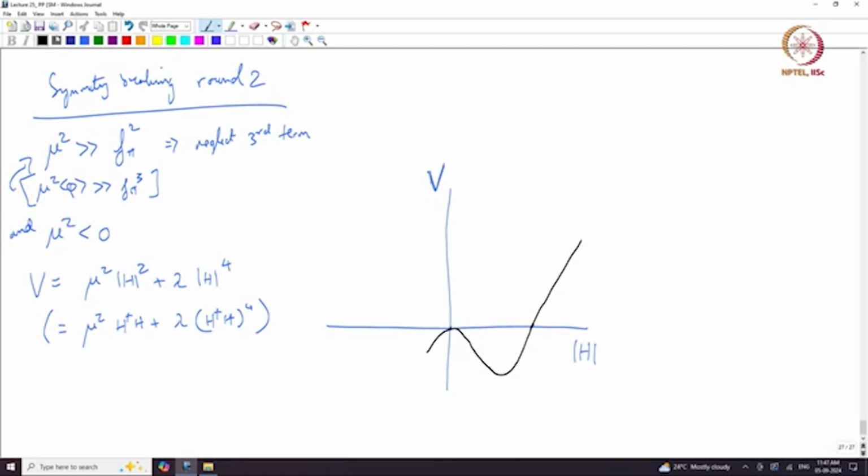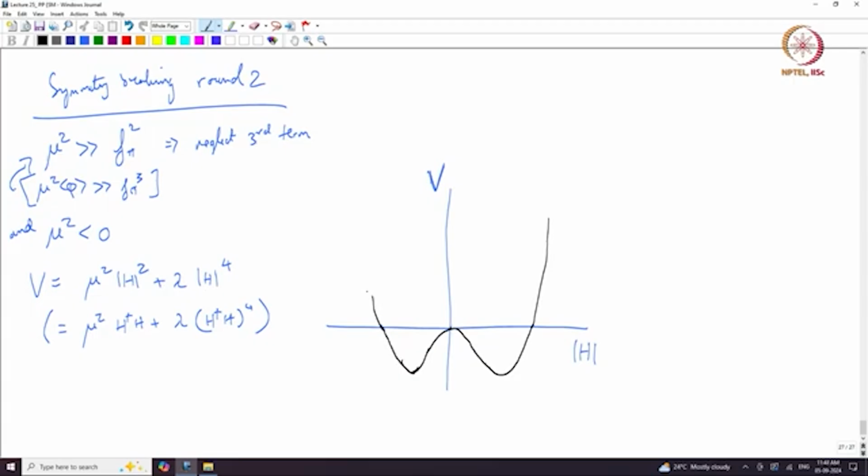So in fact because it is the quartic, the slope will get steeper, so let me as well draw it correctly, and it is symmetric. If I replace h with minus h, I am going to get back the potential, right?